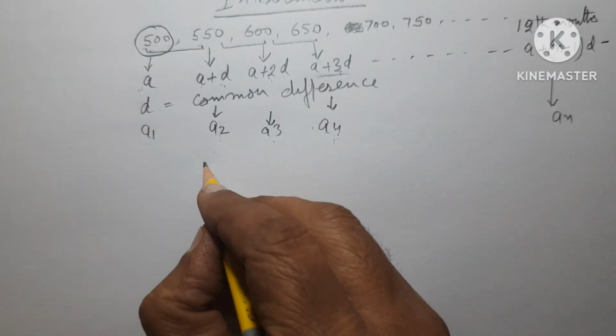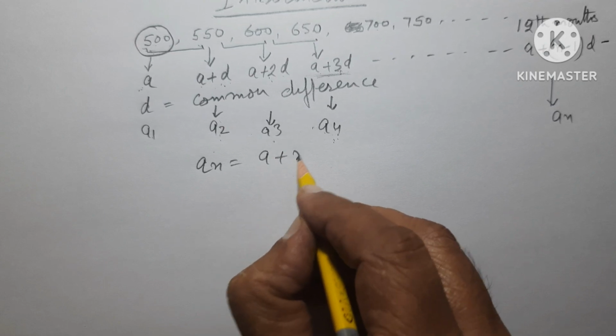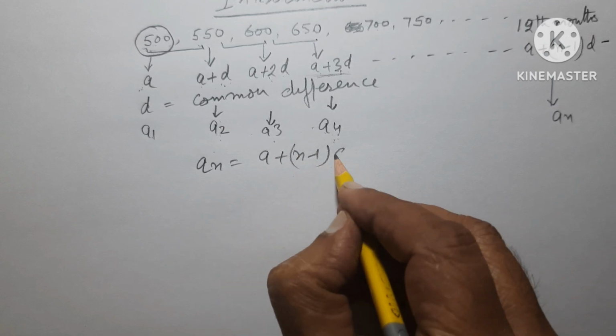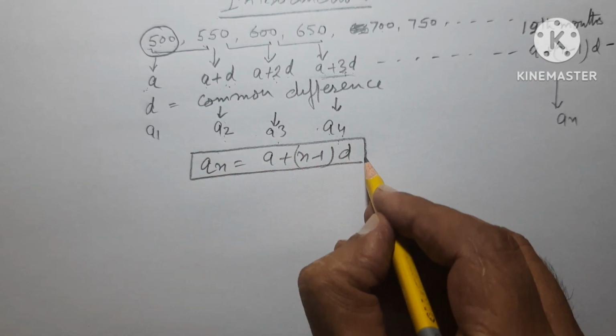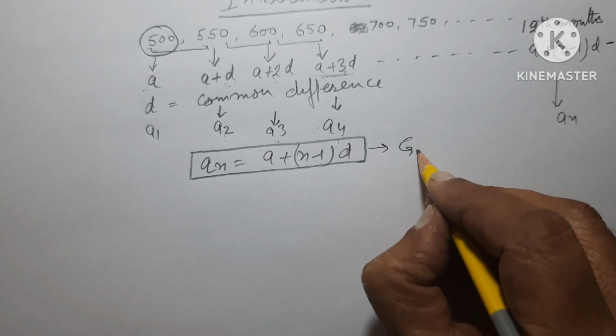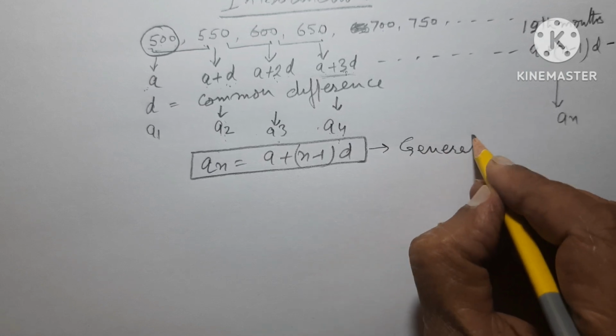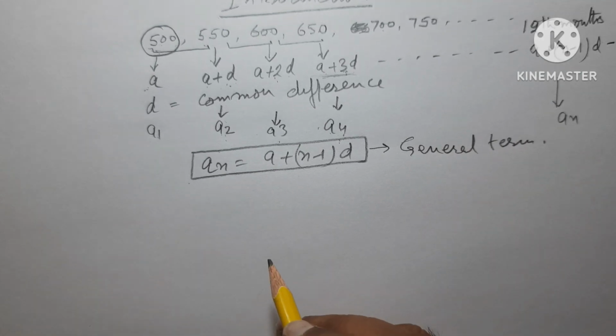I can write it as an is equal to A plus n minus 1 into D. This is the general formula for writing the general term. An is the general term.